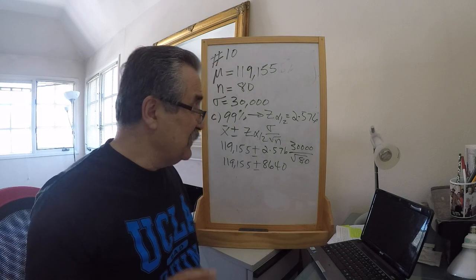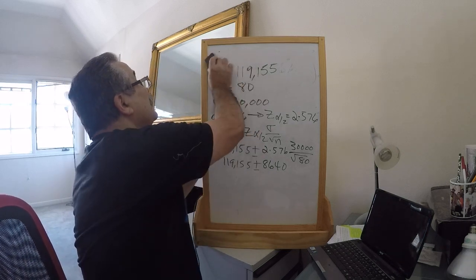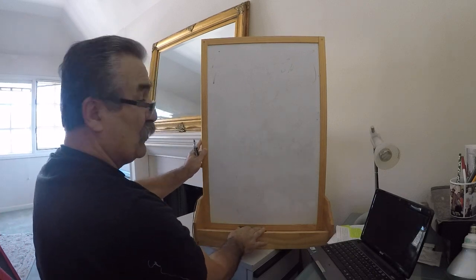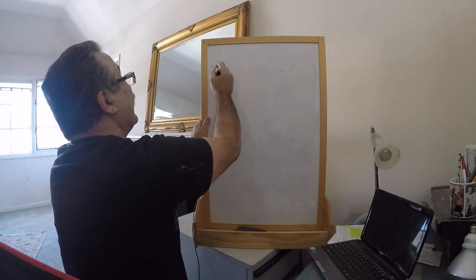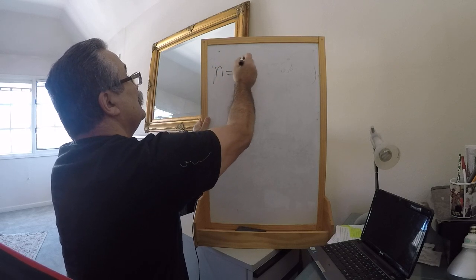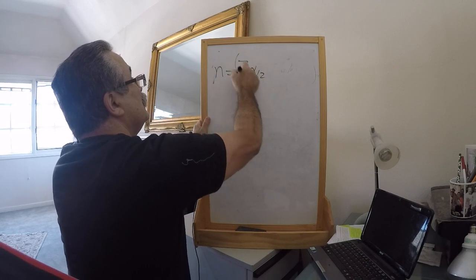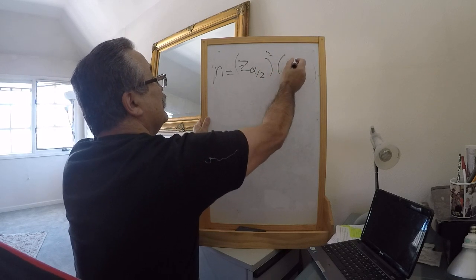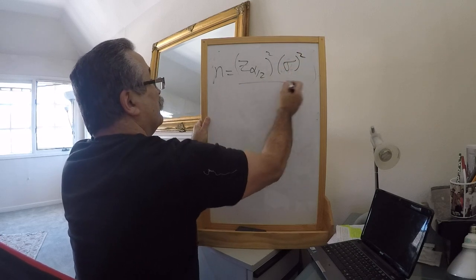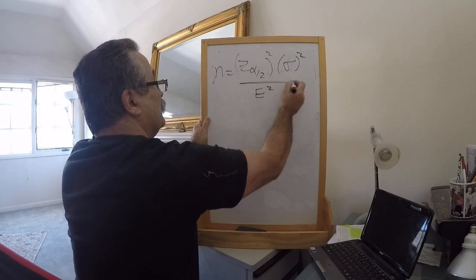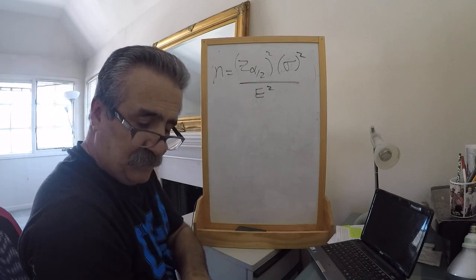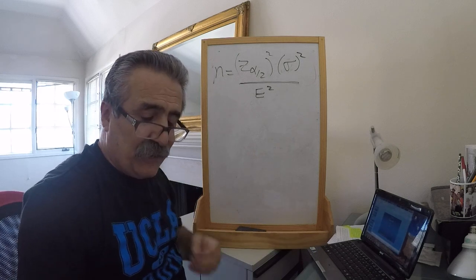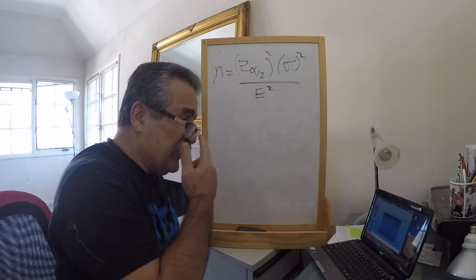This is to refresh your memories about where we left off, when n, the sample size, is equal to z sub alpha over 2 squared multiplied by sigma squared divided by e squared. So this is where we left off, and we're going to continue on with chapter 8.